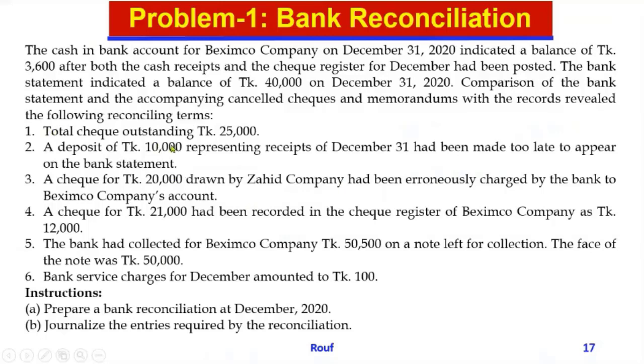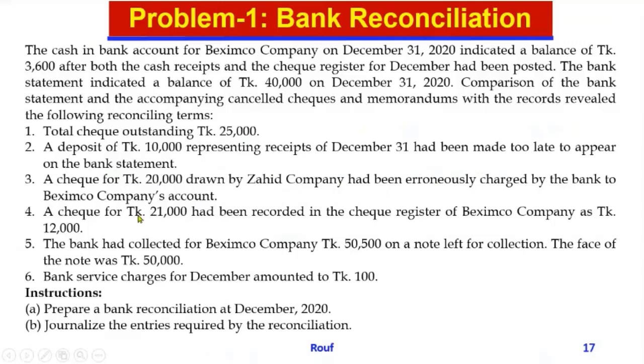নাম্বার 1, টোটাল চেক আউটস্ট্যান্ডিং 25,000, ডিপোজিট ইন ট্রানজিট 10,000, চেক of Taka 20,000 drawn by জাহিদ কোম্পানি। জাহিদ কোম্পানির একটা চেক ব্যাংক ভুলক্রমে বেক্সিমকো কোম্পানিতে চার্জ করেছে। This is the error of bankers.